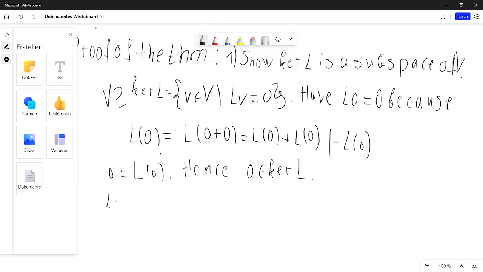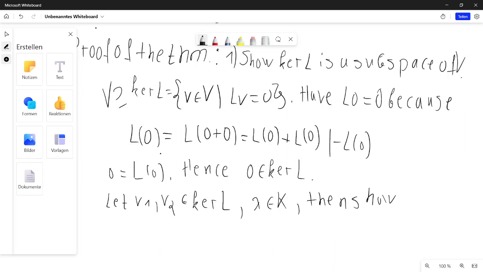So let v1, v2 be in the kernel of L. That is, application of L to v1 or v2 gives 0 respectively, and lambda in K, and show the closedness. So L(v1 + v2) is equal to 0, L(lambda v1) equals 0.